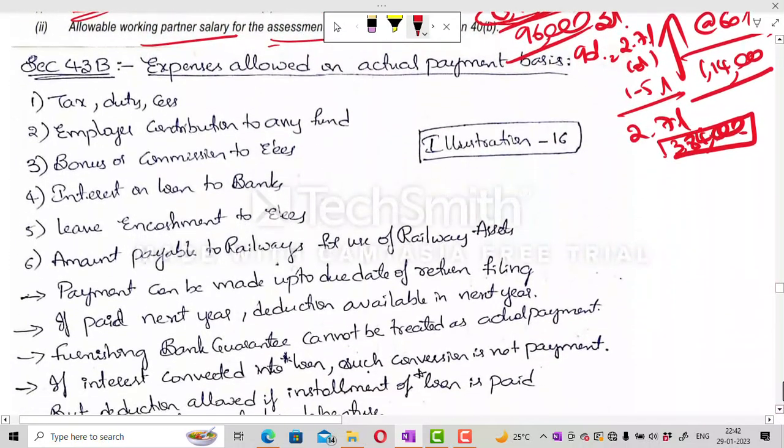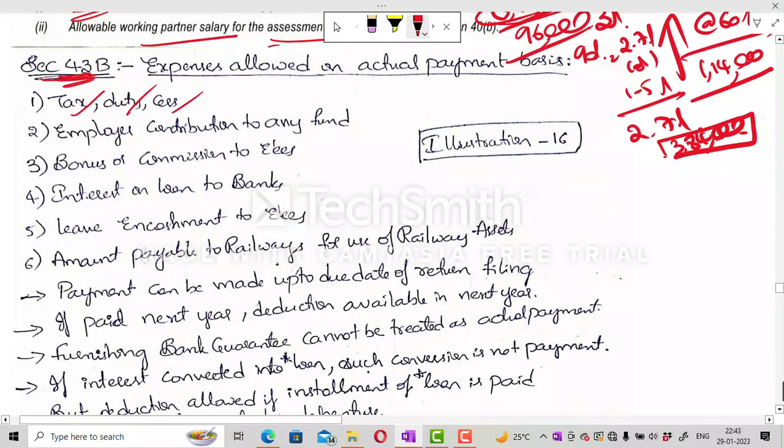And next one, expenses allowed on actual payment basis, means we have 43B. We will be referring to this a lot of times. So we will get the deduction of that expense only if we have actually paid that one. It is not allowable on accrual basis. Okay.